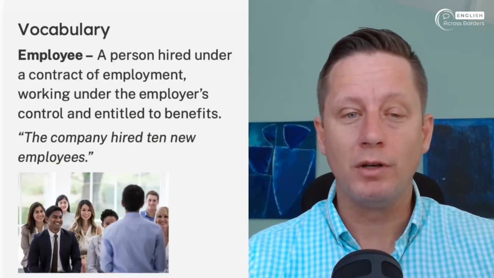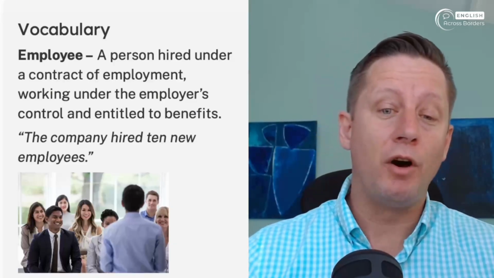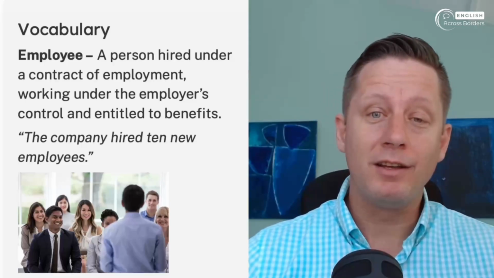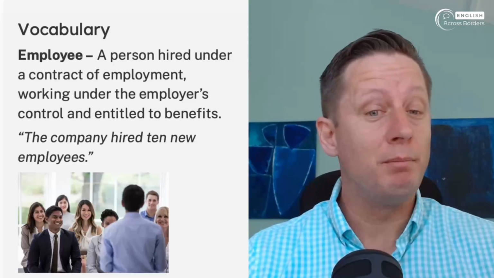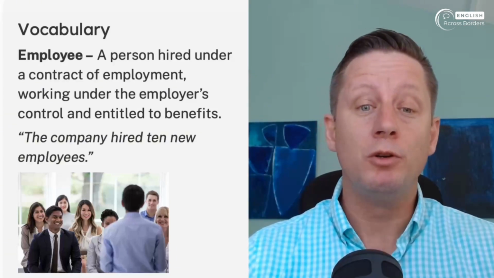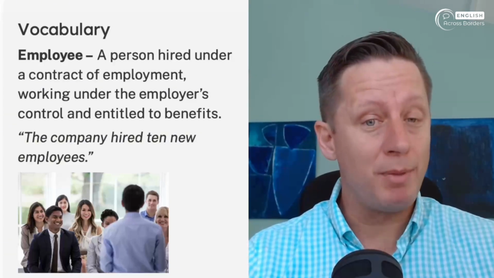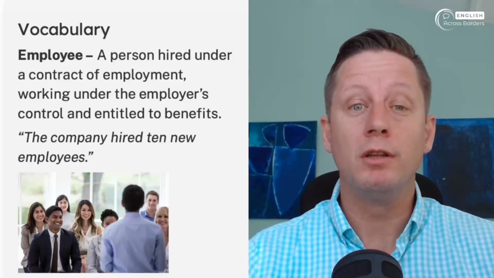Let's look at a story. A retail shop hires cashiers. The lawyer explains they are employees. They must follow schedules set by the employer and are protected by labor law, including minimum wage and benefits. Employees are the core of traditional labor law.